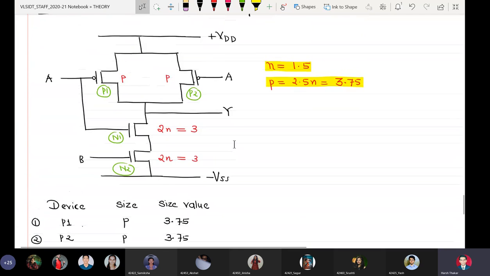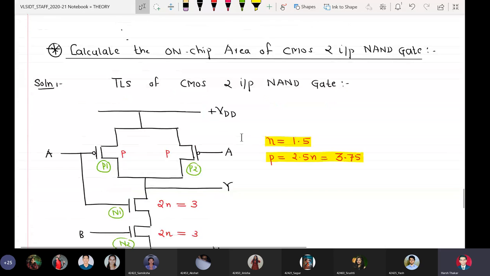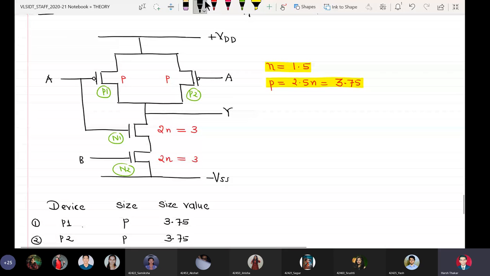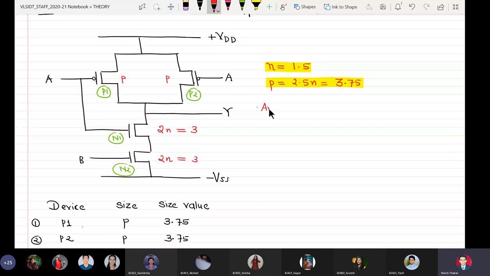Now after the size values are obtained, what is the purpose? On-chip area. The third important formula which we need to remember is that the area is equal to width into length. So the width of MOSFET into length of MOSFET is the area of MOSFET.